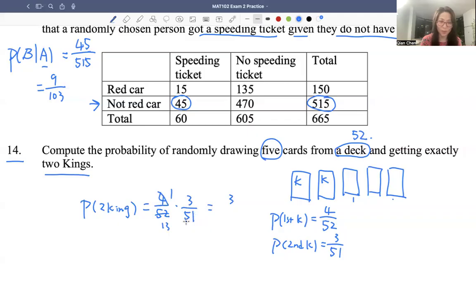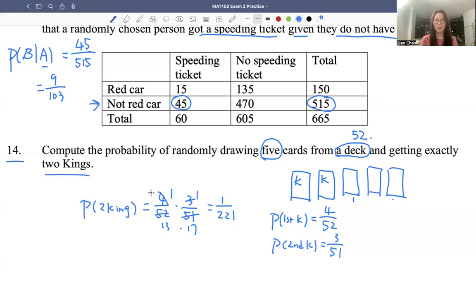Yes, we can simplify, because 5 plus 1 is 6, so 6 can be divided by 3, so 51 can be divided by 3. I think that's 17, right? So this is 1 out of 17. Then what do we get? The numerator 1 times 1 is just 1. The denominator will have 13 times 17. We get 221. And that's it.